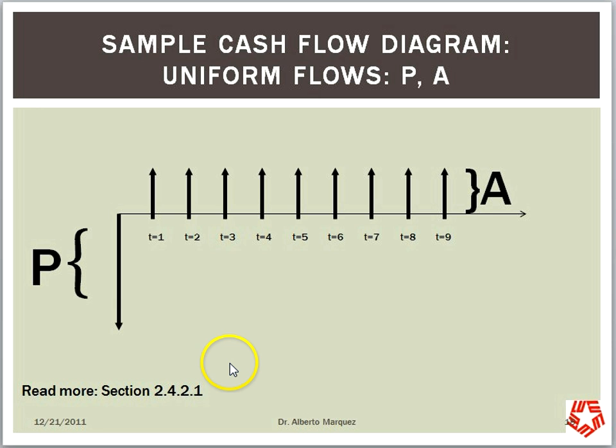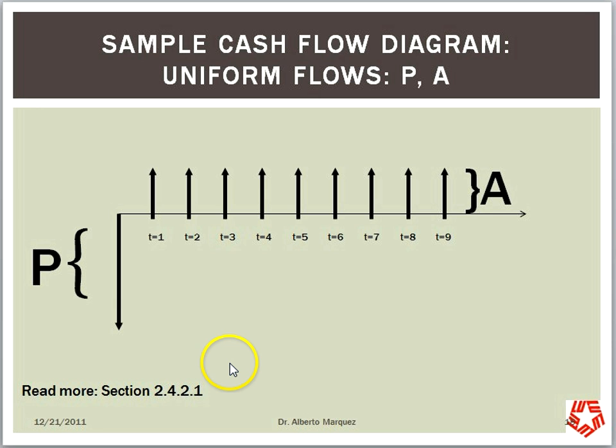We refer to those cash flows as annuities, and since this is a very common practice in business, we have special formulas that give us shortcuts to compute these series of cash flows in a simpler manner, as opposed to having to bring each one of these to the present independently.